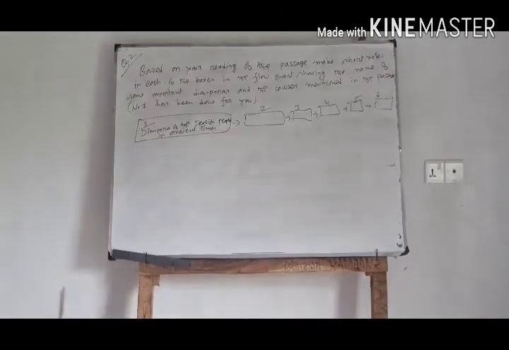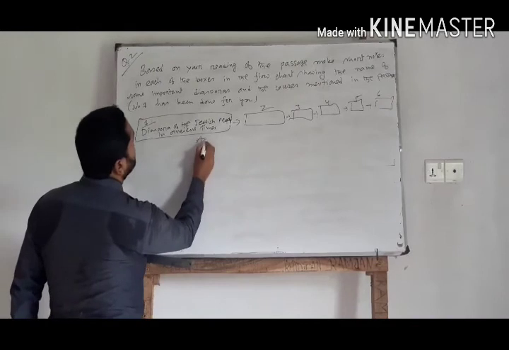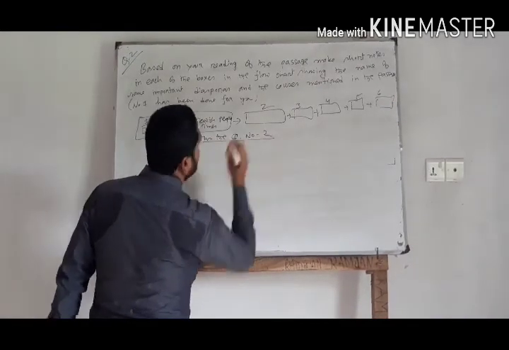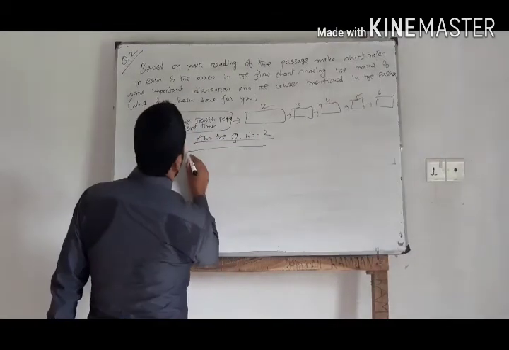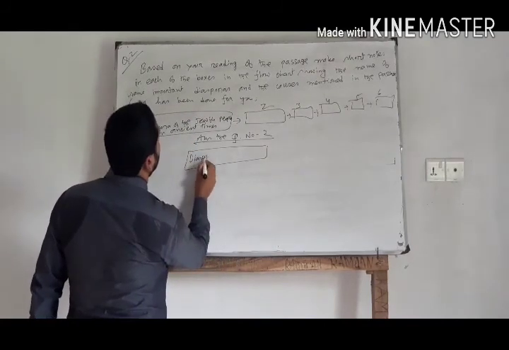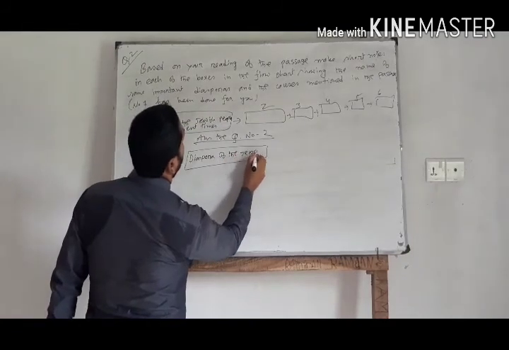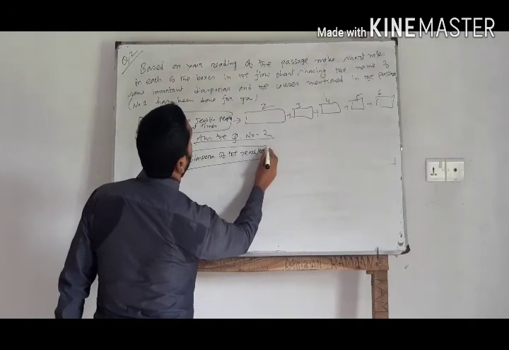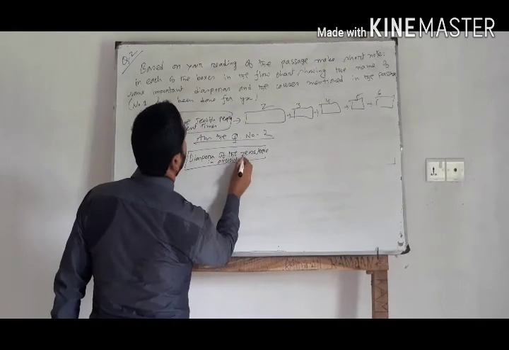Follow the board. How to write the answer? Answer the question. Number 2. You have to write the answer in this way. Diaspora of the Jewish people in ancient times.